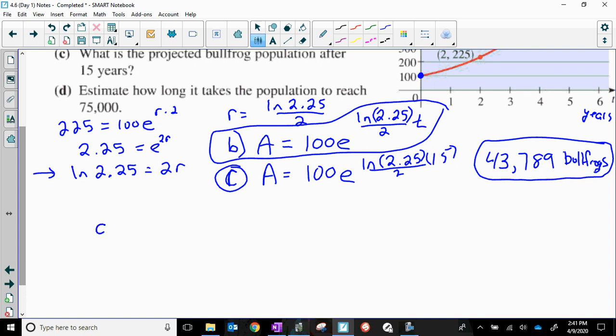And then part D. Estimate how long it will take the population to reach 75,000. So that is A, and we're going to look for T, the time. So you can solve the equation dividing by 100.